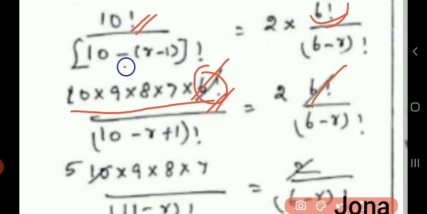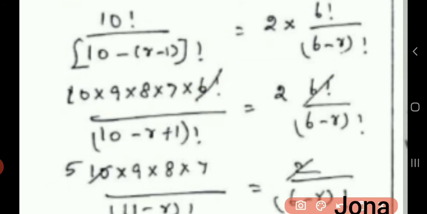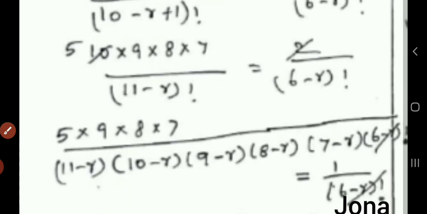At the denominator I multiply with the minus symbol, so we have (10 minus r plus 1) factorial. On the right hand side as usual we have (6 minus r) factorial. After cancellation of the 6 factorial, I can write 10 into 9 into 8 into 7 divided by (11 minus r) factorial equal to 2 by (6 minus r) factorial.